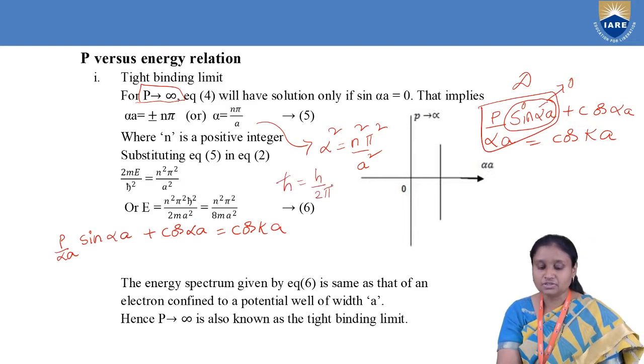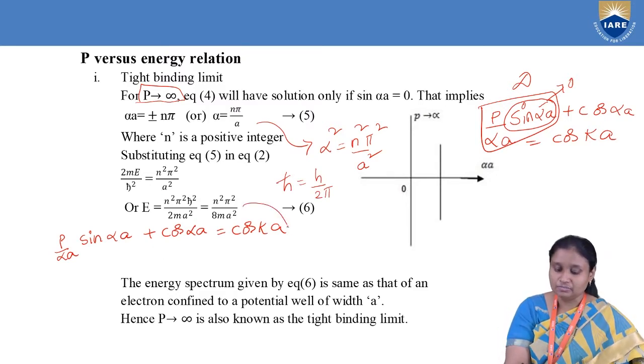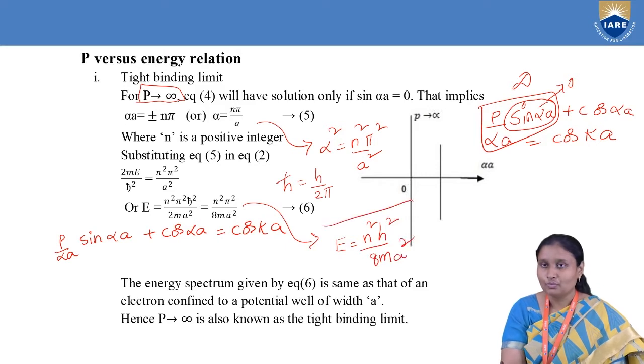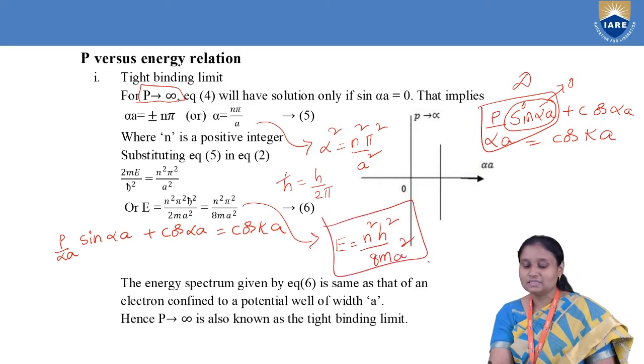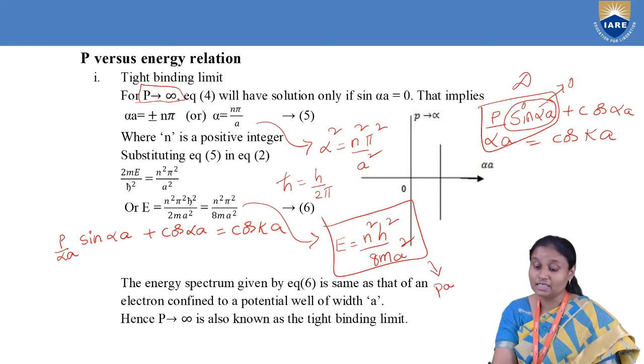If I substitute h cross as h by 2 pi and rearrange the terms, I end up having my energy to be n square h square by 8 m a square. This expression is for the energy associated with a particle in a one-dimensional box.